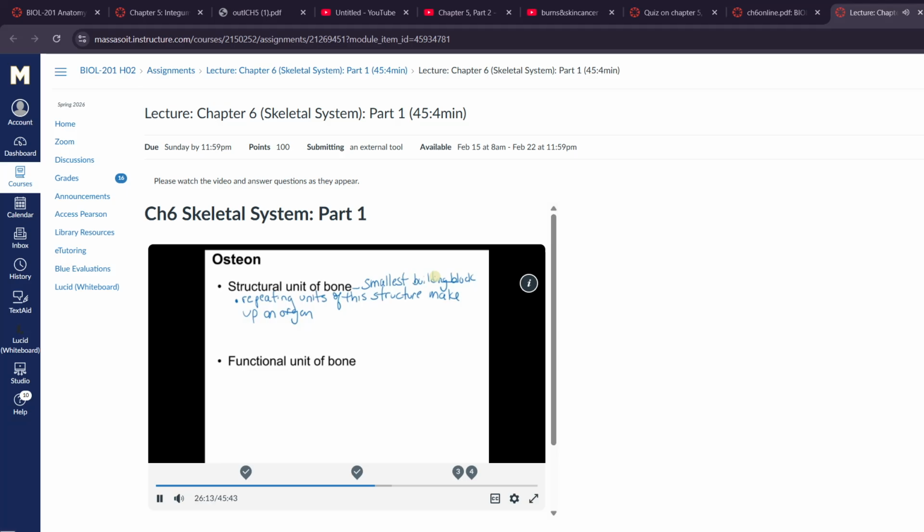But the osteon is also the functional unit. The functional unit can be defined as the smallest structure that carries out the role of that organ.